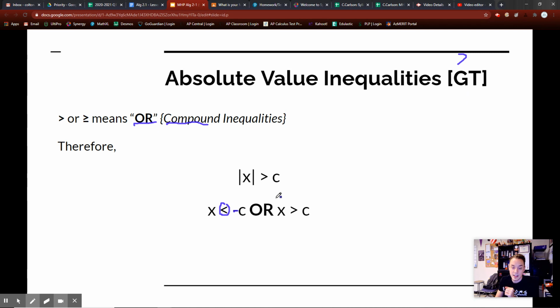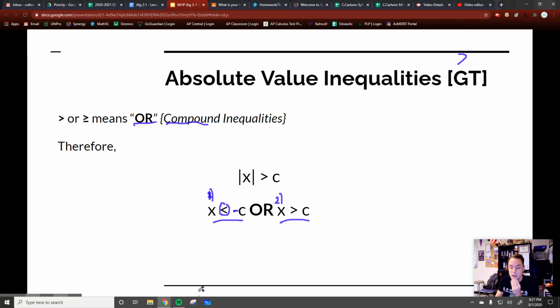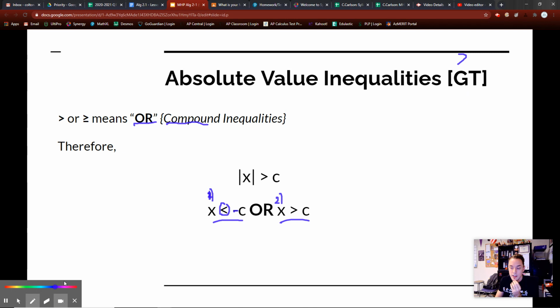And then my second equation is exactly how I see it, except I don't have the absolute value bars. So this one is a little bit more complicated, as it should be. It's just a little bit more intense, okay? But that's okay. We're going to go through it. Don't worry.